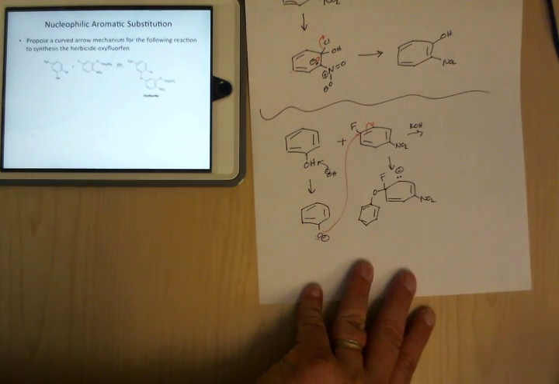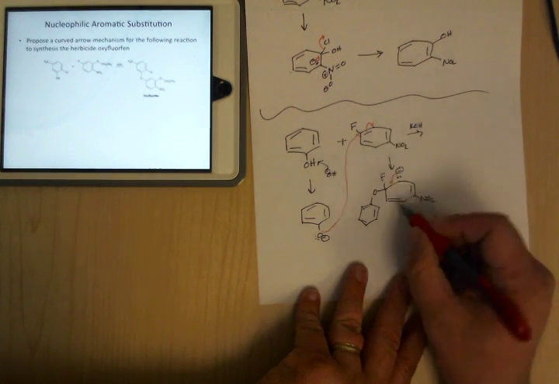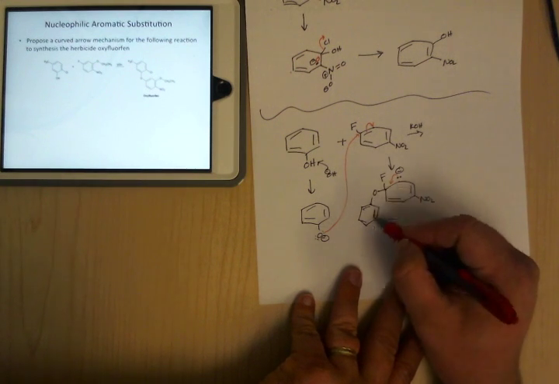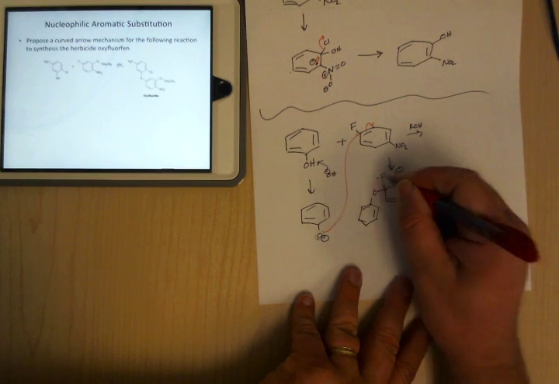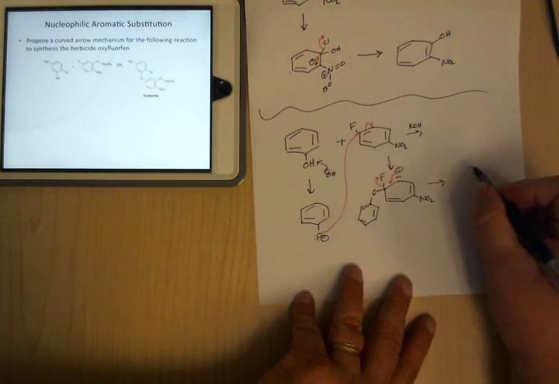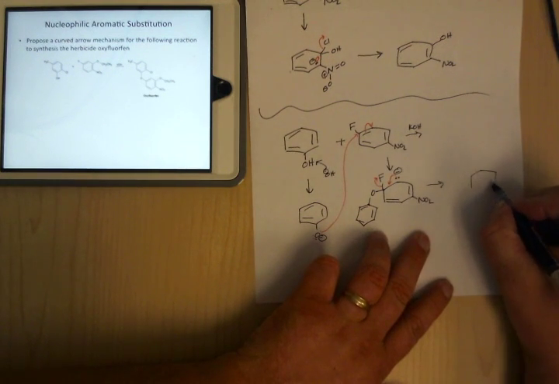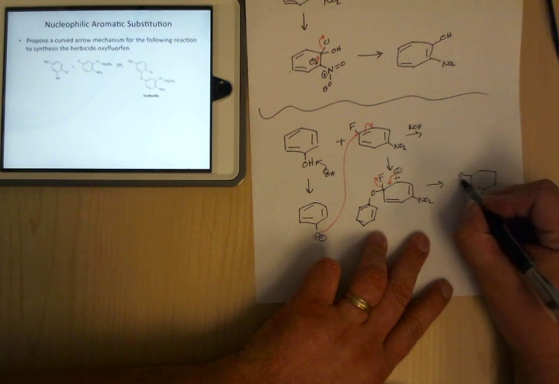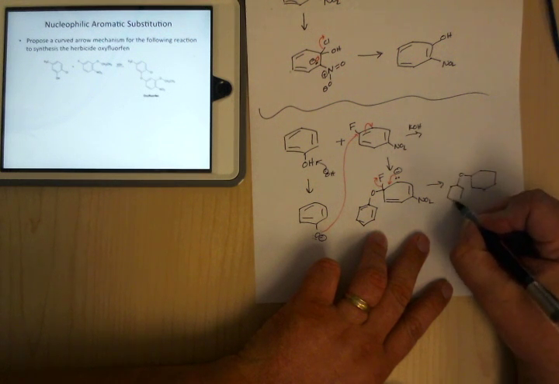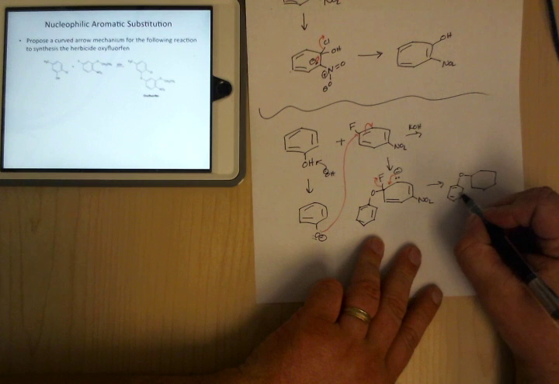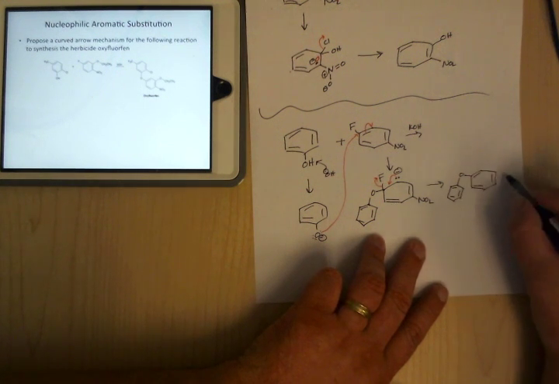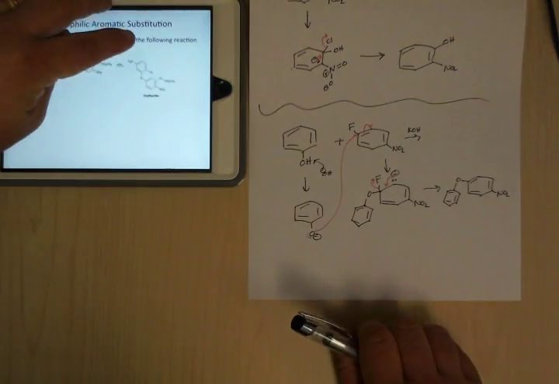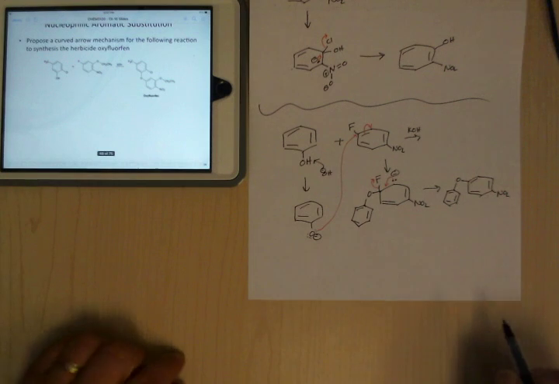That just collapses back down. If we kicked off the phenol, it would just go back to that. But instead we're going to kick off the fluorine, and we end up with those two rings now joined.